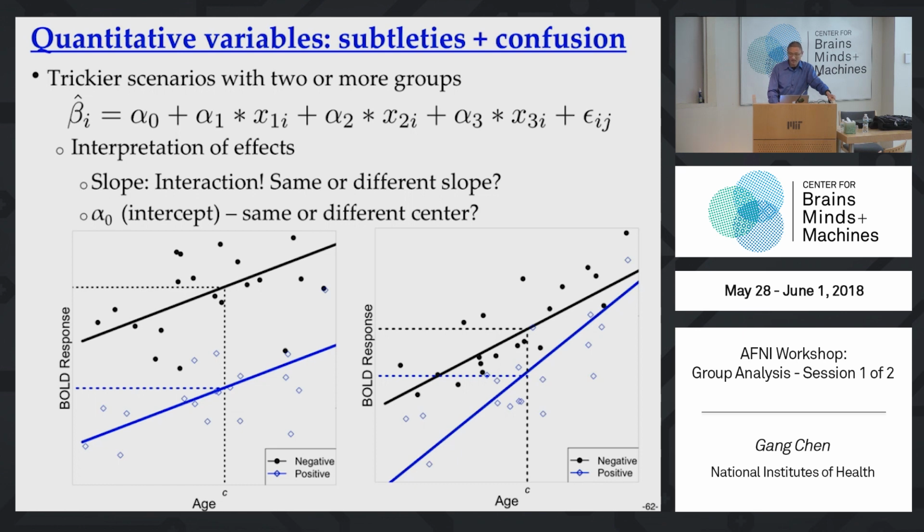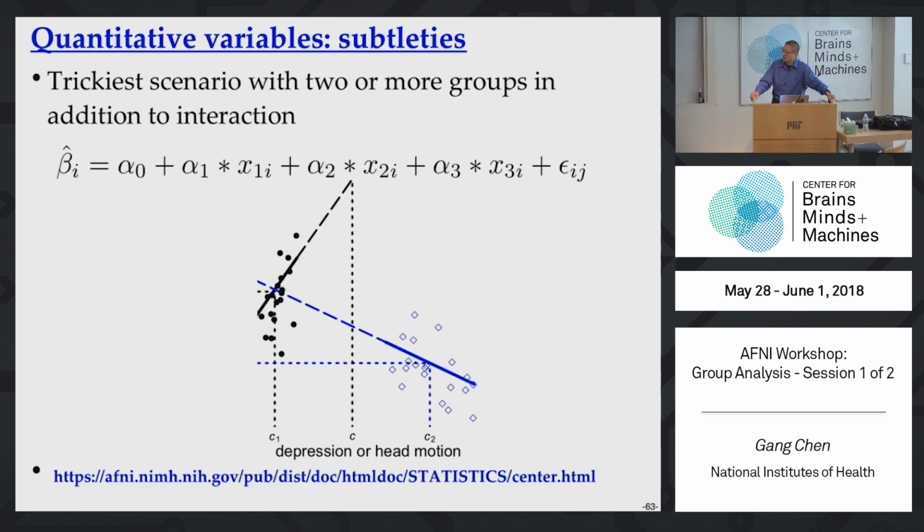In addition to that, there's also the complication of centering. In this case, of course, it's a little bit dramatic. Suppose we have two groups of subjects, and each group has its own average. One is adolescents, the other group is adults.